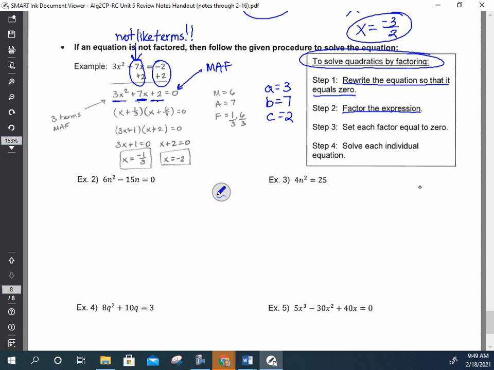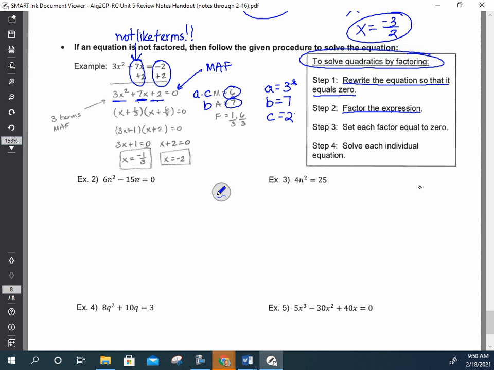Remember the M is to take the A times the C value. 3 times 2 is 6. The A is equal to the B value. You need 2 numbers that multiply to 6 and add to 7. That's 1 and 6. Since your A value is 3, you divide by 3.